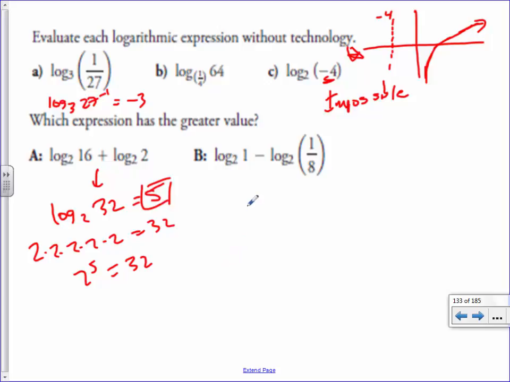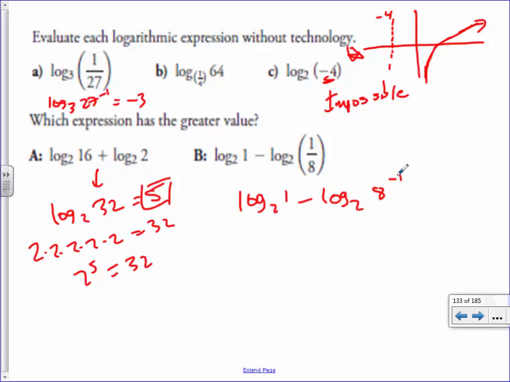Okay. The other one's a bit trickier though, right? Before I divide it, I have another idea. What have we learned about fractions? What do they have for an exponent? So you could do log base 2 of 1 minus log base 2 of 8 to the minus 1. I can give it a -1 exponent. Hang on, isn't there a rule about exponents?